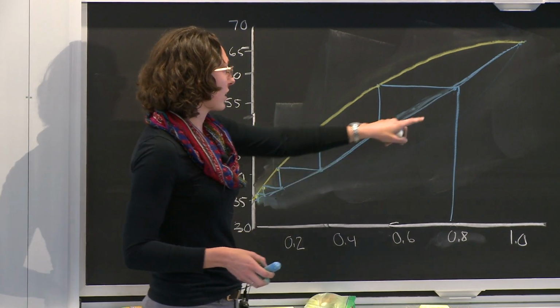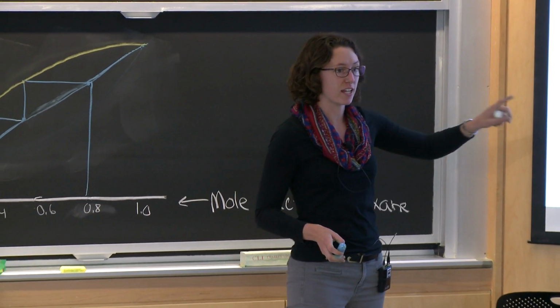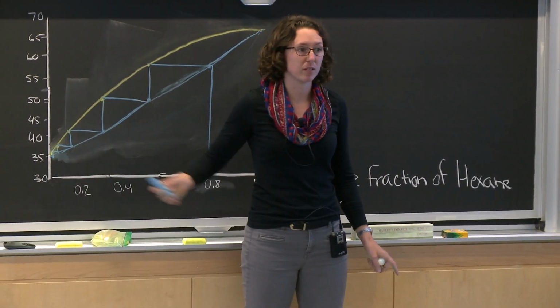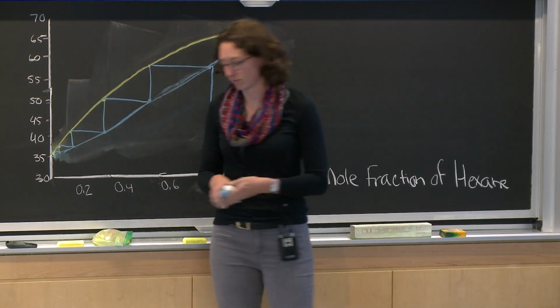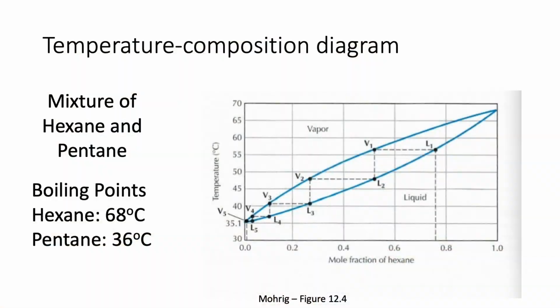So if you look at this diagram, how many of those heating, cooling and revaporization cycles did we have to go through to get down to a vapor that is pure in pentane? In this case, it's about 5 cycles. And depending on the difference in boiling point of the 2 liquids that you're trying to separate, it may take even more cycles to get to your pure compound that you care about.